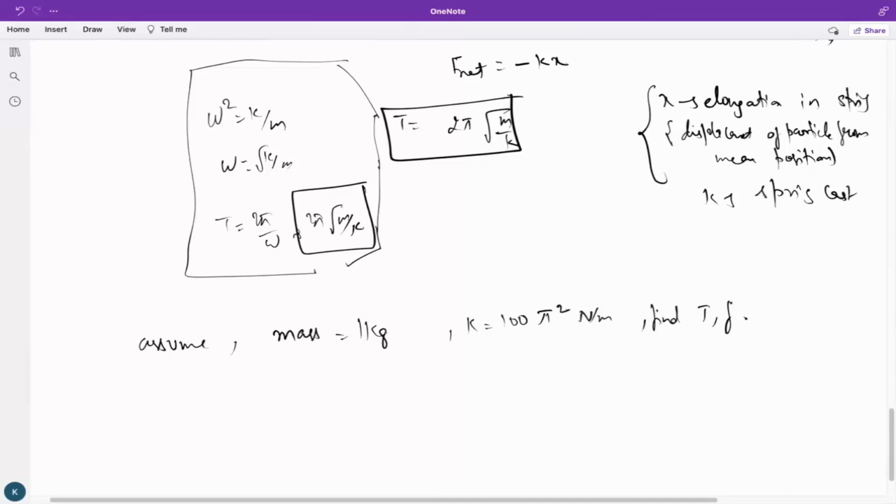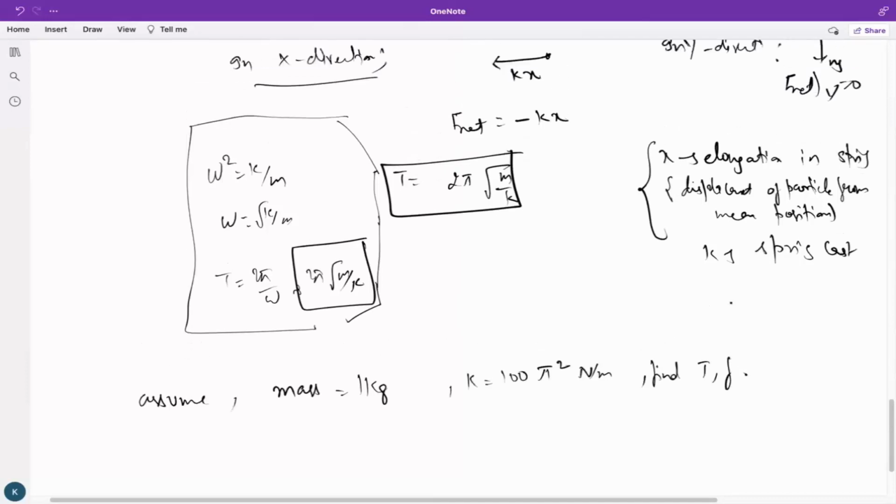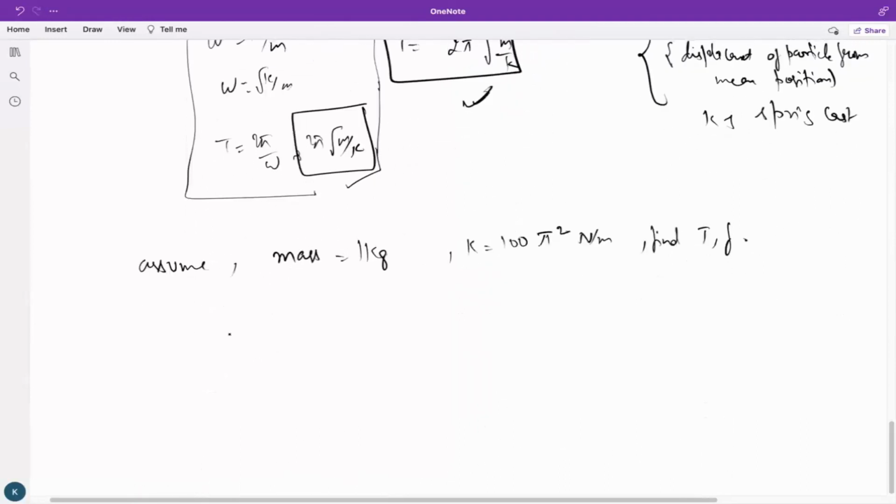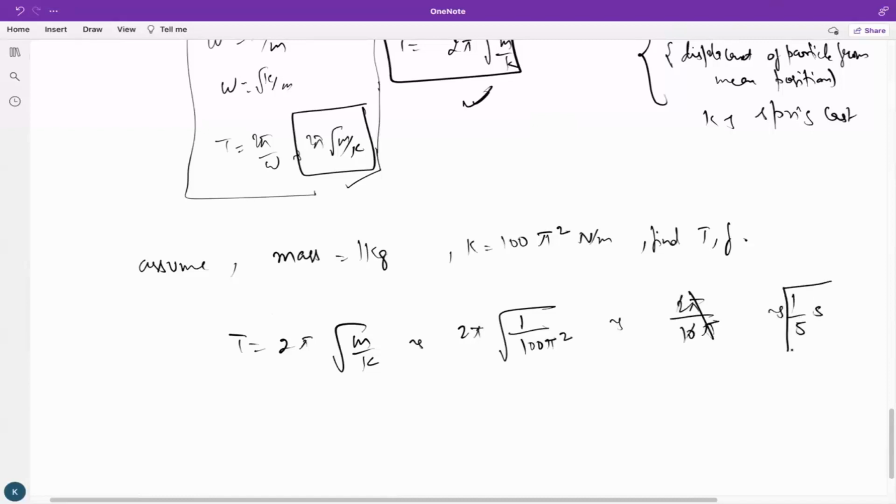We have the formula time period is equal to 2 pi root under m by k, so we just put in the values. Mass is 1 kg and k is 100 pi square, so 2 pi by 10 pi, 1 by 5 second is our time period, right?